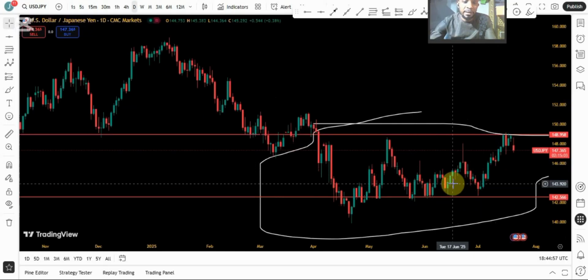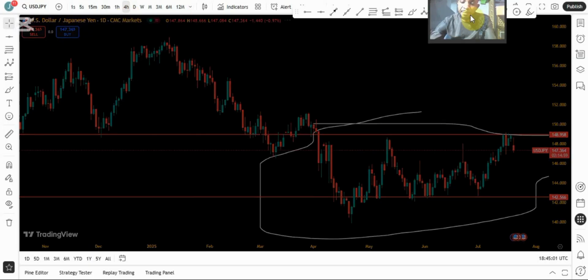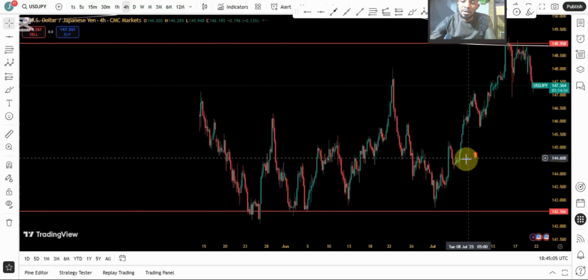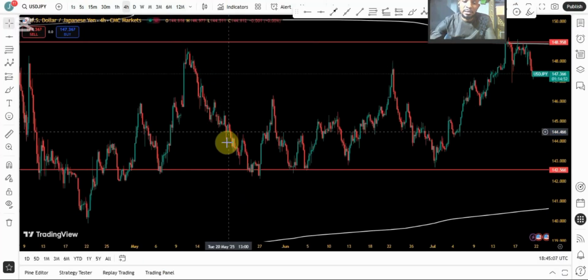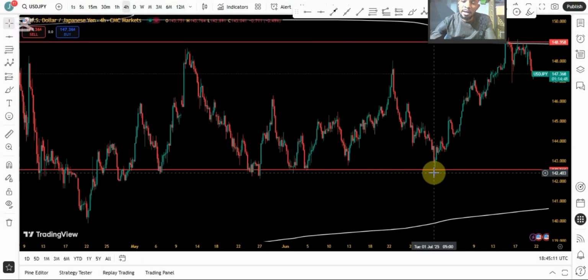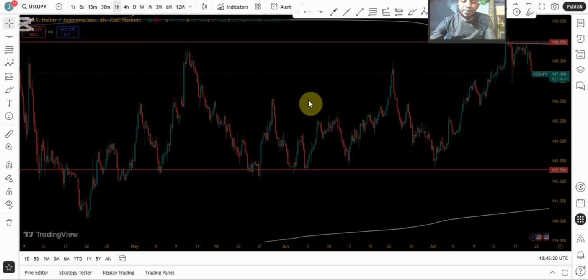So I'm not going to do anything here because that's a very high time frame. I come to the 4 hours time frame to also understand what's going on in the market. From the 4 hours time frame, I can still see that the market is respecting that particular level. So I go over to the 1 hour time frame.